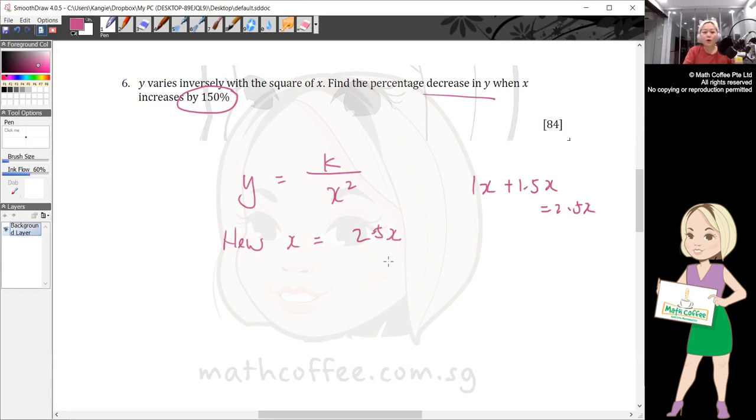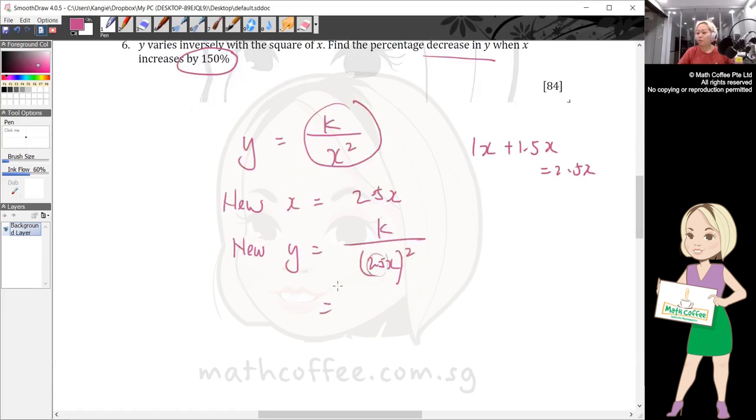With my new x, I will be able to find my new y by using this formula, which is k over x squared. Put in the number, so it's 2.5x. So k over (2.5x) squared. And of course 2.5 times 2.5, you key in the calculator, it gives 6.25. So this becomes k over 6.25 x squared.